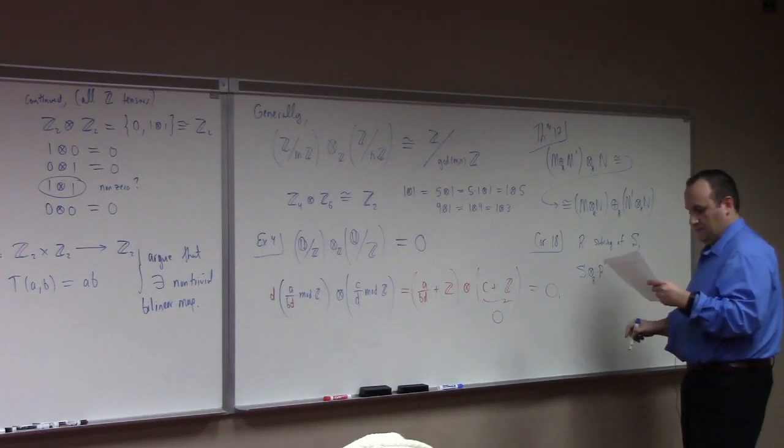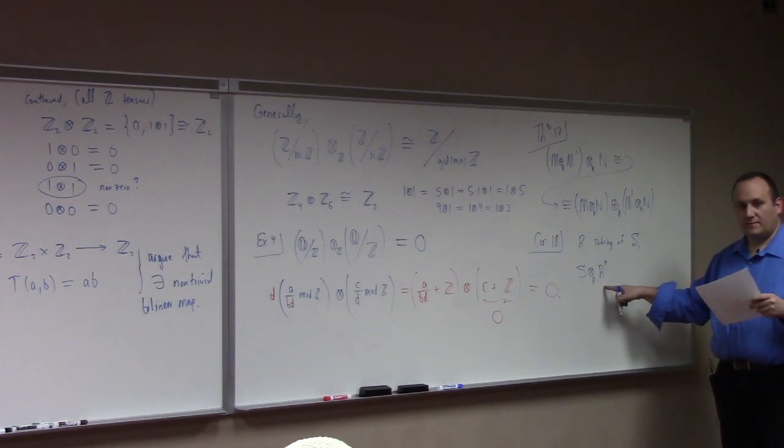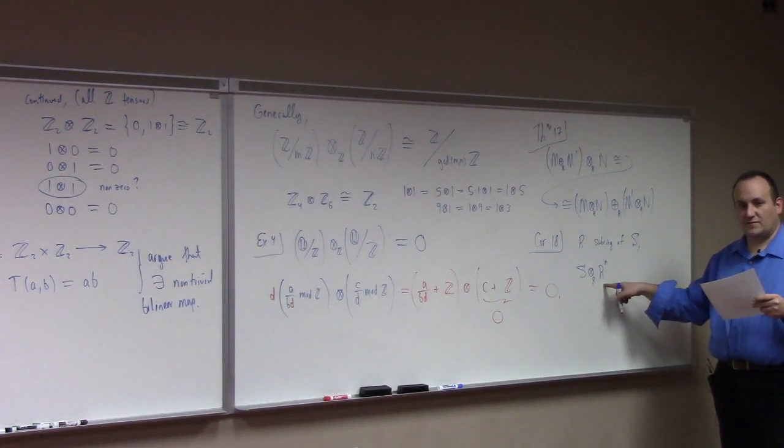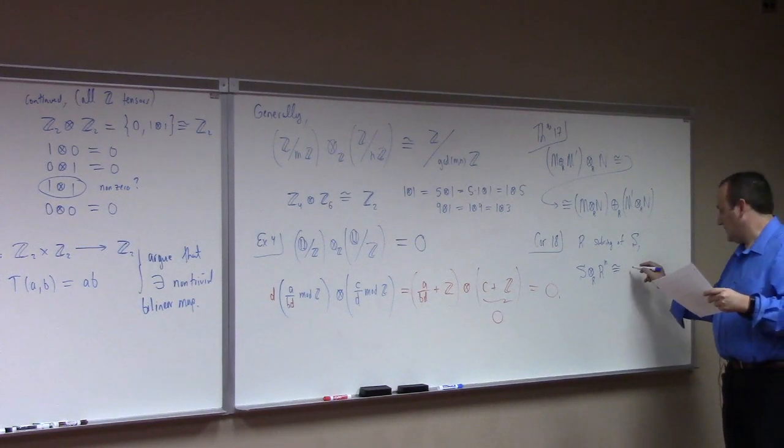If we take the R tensor of Rn, where Rn is R cross R cross R cross R n-fold times, the Cartesian product of n, then this is, up to isomorphism, just Sn.